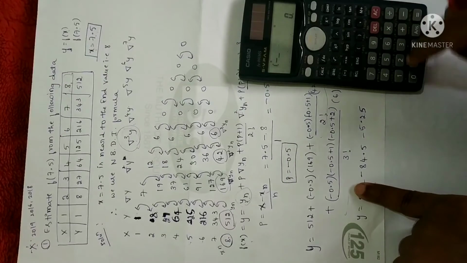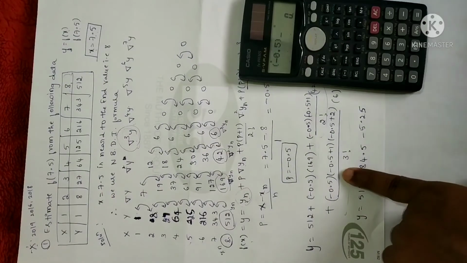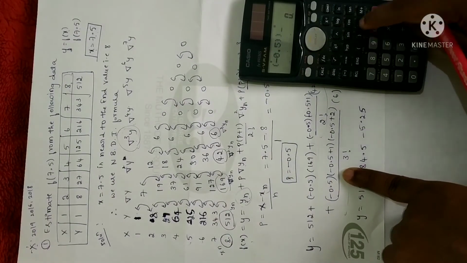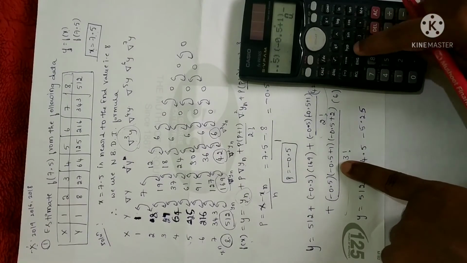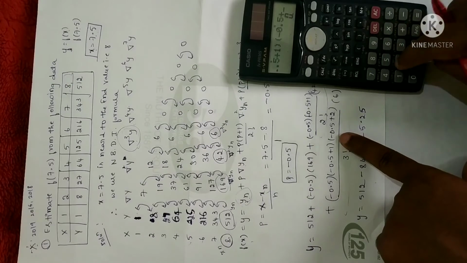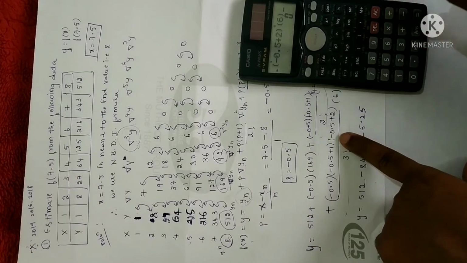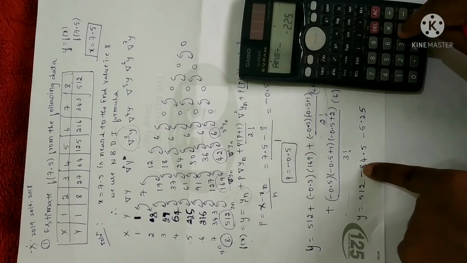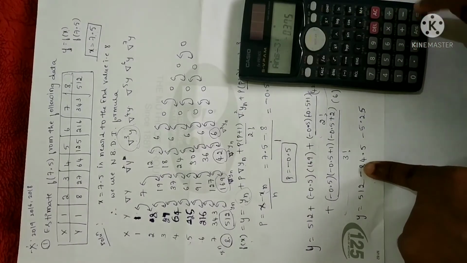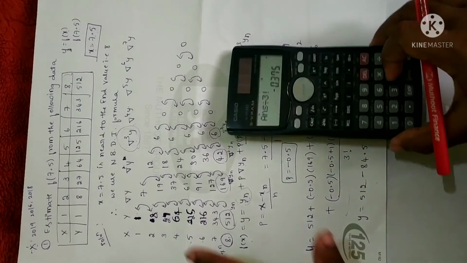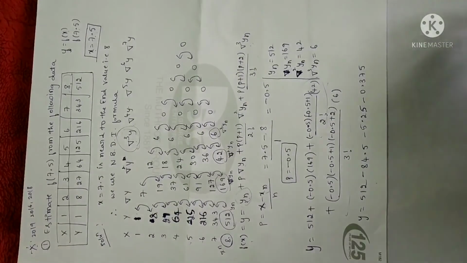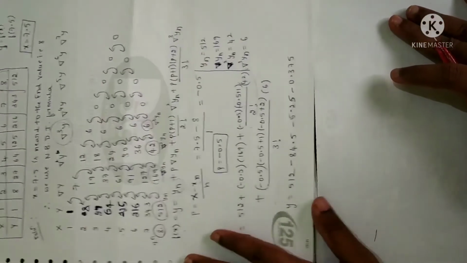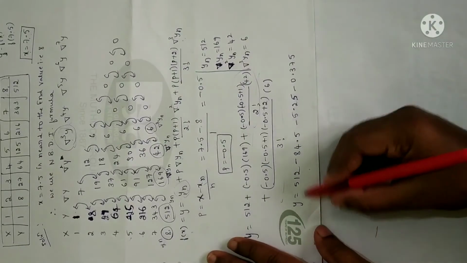Minus 0.5, then minus 0.5 plus 1, then minus 0.5 plus 2, then 6, equal sign, divided by 3 factorial. That will give you minus 0.375. While calculating, please take care of all the signs so that you get the proper answer. So the y value is this.